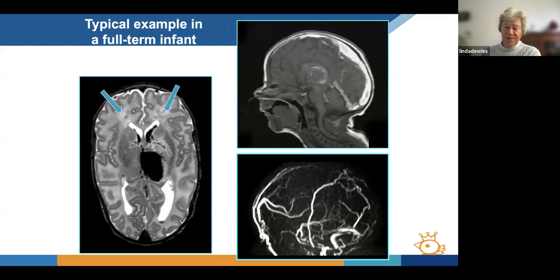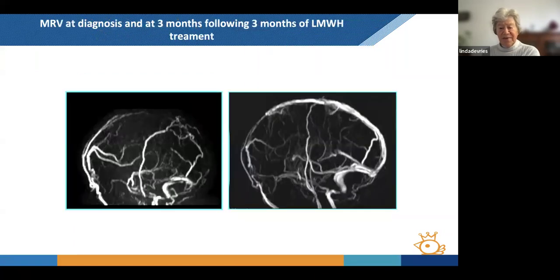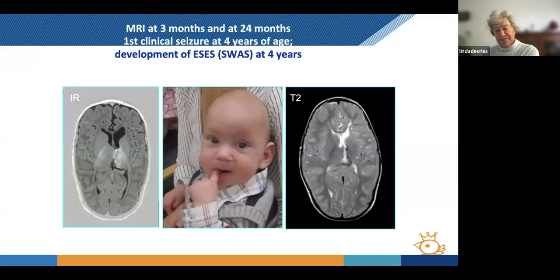So this child also was anticoagulated and also had reopening of its superior sagittal sinus. And we do give anticoagulation even if there is a hemorrhage in the thalamus, and we haven't seen any complications of this. Then the baby was scanned again at 3 months and again at 2 years of age.